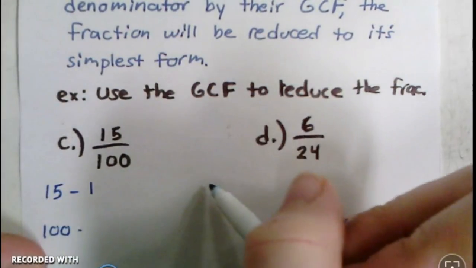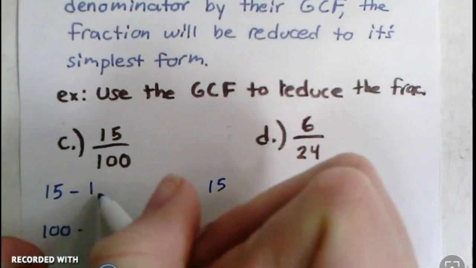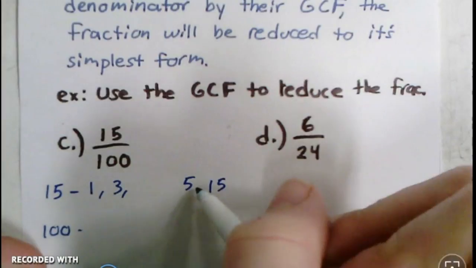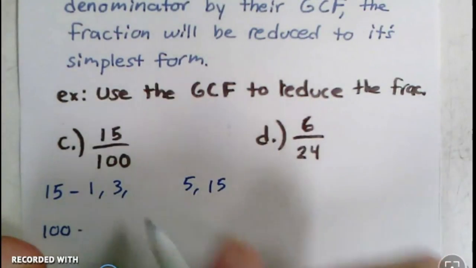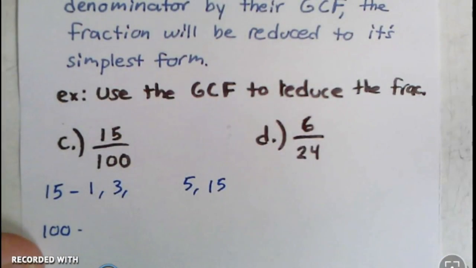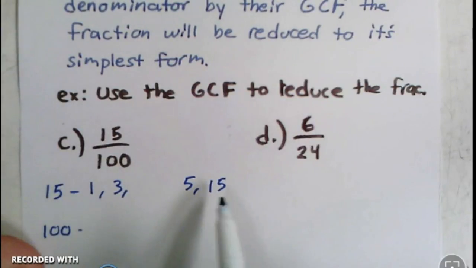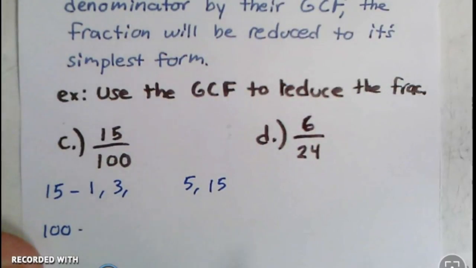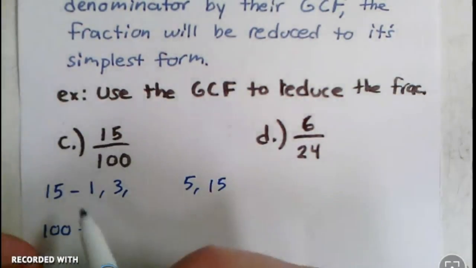I got 1 and 15. 2 doesn't go into it, but 3 does, times 5. 4, I can't, so there's all of my factors. I'm purposely showing you it this way because even though there's a space here, that's okay. It's okay if it doesn't line up perfectly. This is a good way to make sure you get all of the factors.